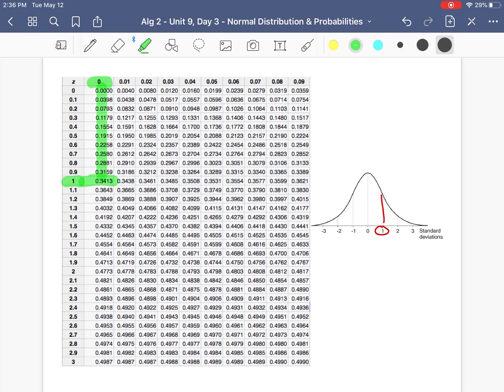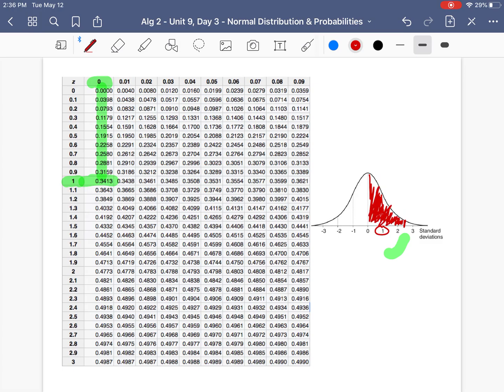All right, so let's try a different one. Let's say I want to stop at 2.5. That means this chart is going to tell me the portion, or basically the probability of the space, the percentage of the space from 0 to 2.5.